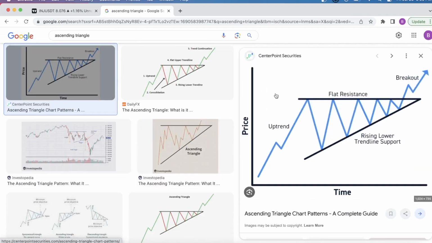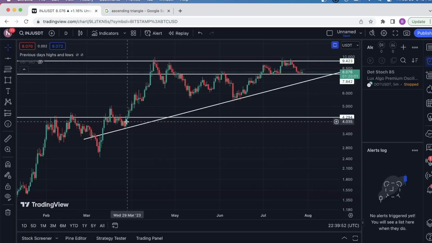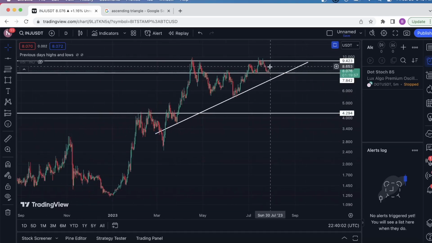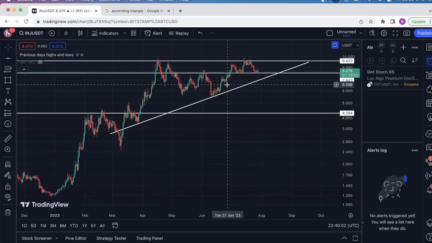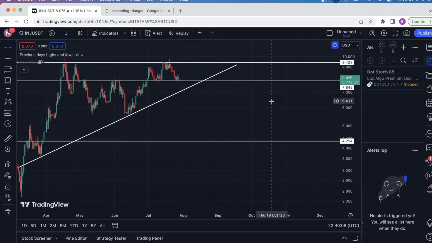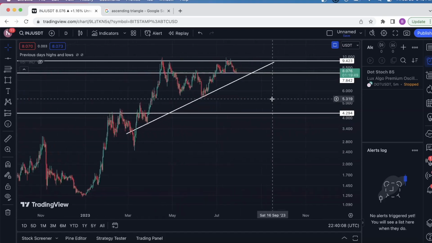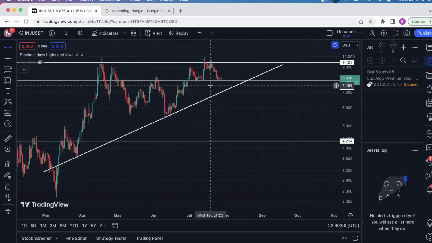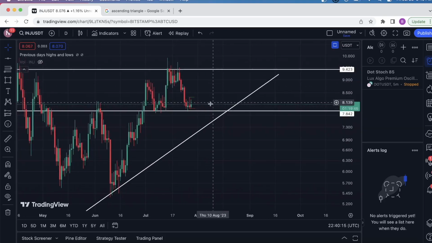So right here, basically you have a flat resistance line, and then we have a rising lower trend line support. And then theoretically, the price will just bounce around in this range, and then eventually it will make a decision. It's either going to break out or break down, but more often than not, from this particular pattern, it breaks up.